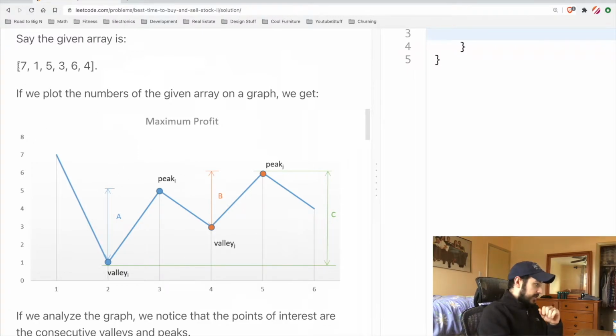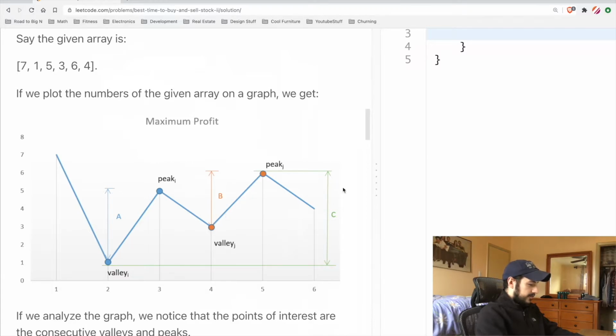So you can see we have this array here, modeled out in this graph. And we want to find the maximum profit using multiple transactions. You can see there are valleys and peaks along the way. Essentially, what we want is to calculate and add up all of the different valley to peak increases.